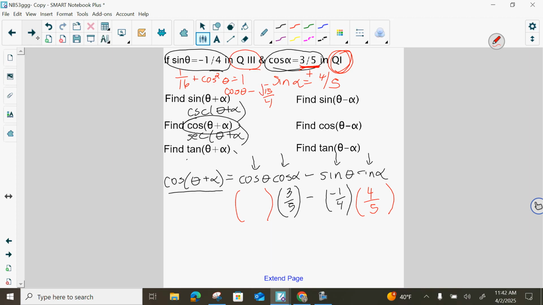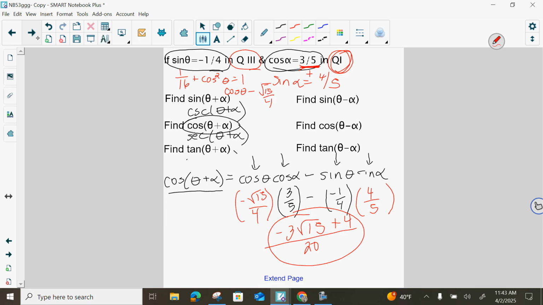So I'm going to know that the cosine of theta is negative rad 15/4. Do you guys get that we've done this problem before, right? Now I'm just making it harder by putting 2 of them together. So we got negative 3 rad 15 plus 4 all over 20. And that's my exact value.